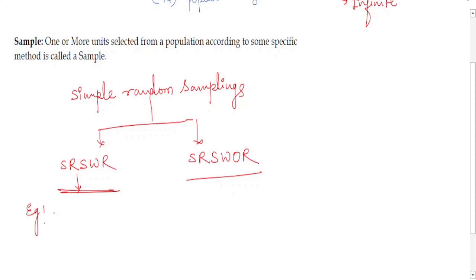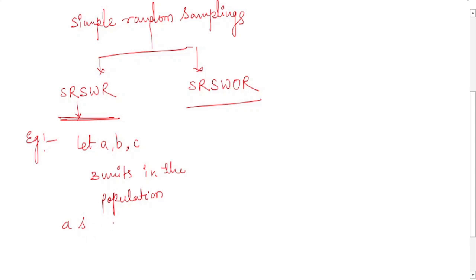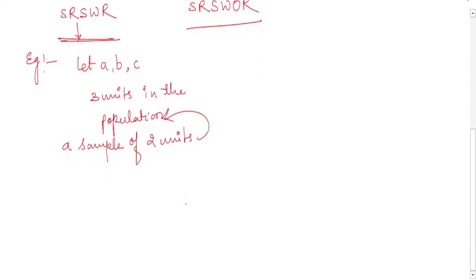For an example of simple random sampling with replacement, let A, B, C be 3 units. These are the 3 units in the population, and we want to select a sample of 2 units from this population, which is of size 3.